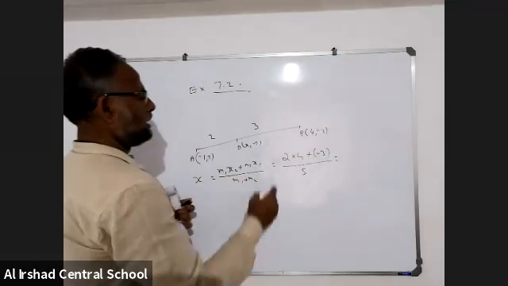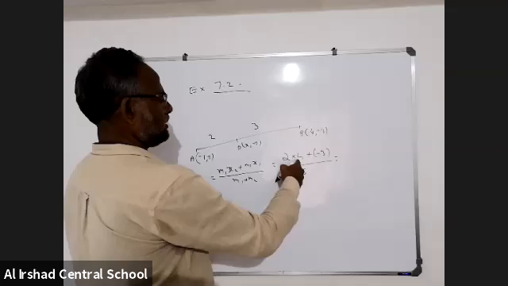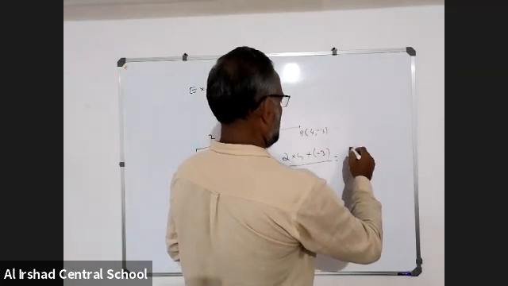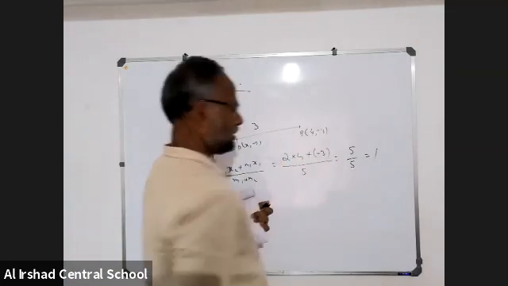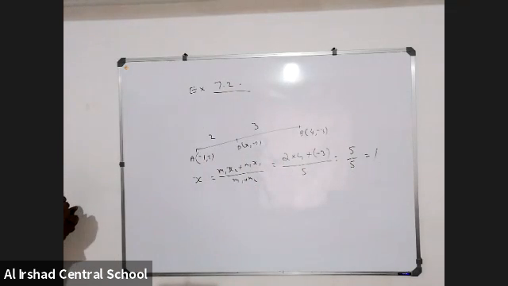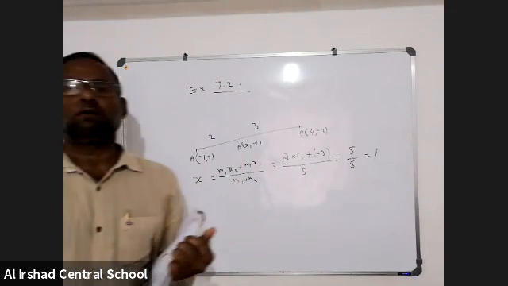That means 8 minus 3, that means 5 by 5, that is 1. Then y also you can find out, it is not hard.